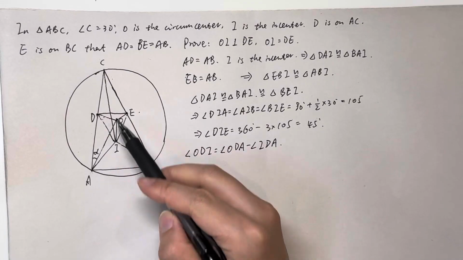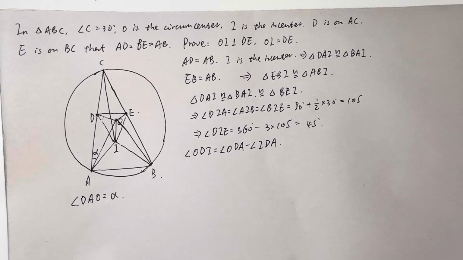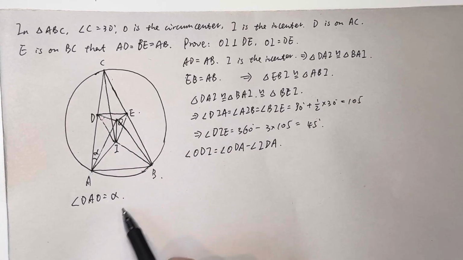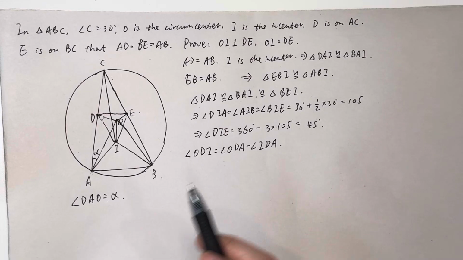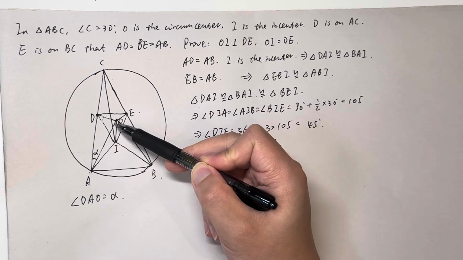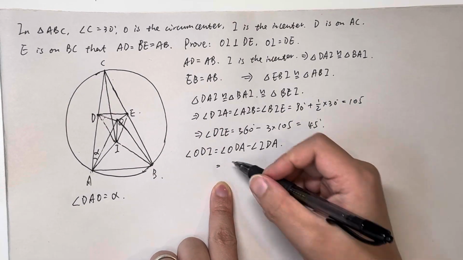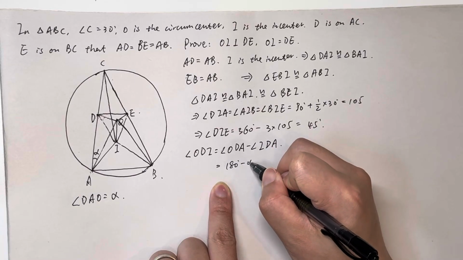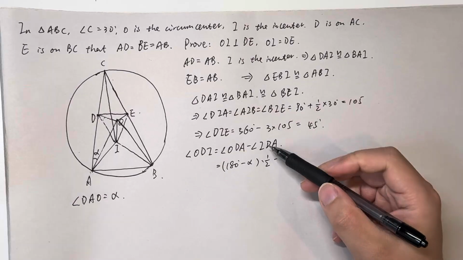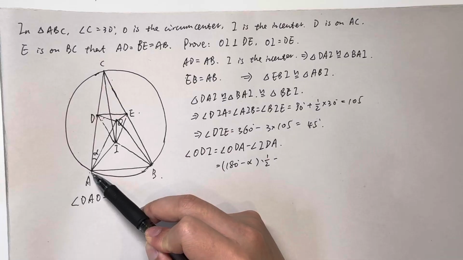The angle DAO equals alpha, right? Then the angle ODA can be written with the variable alpha, because triangle DAO is an isosceles triangle, that means angle ODA equals half of 180 degrees minus alpha, right? And angle IDA equals angle IBA, right?